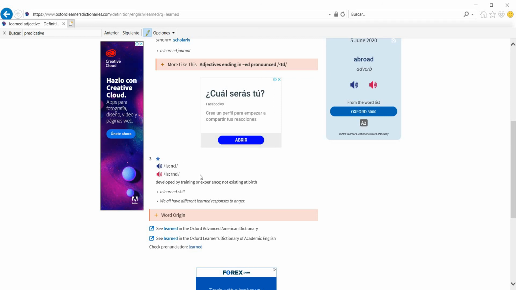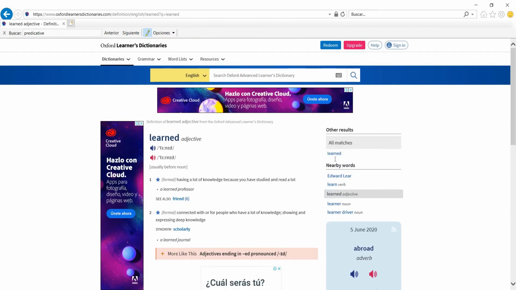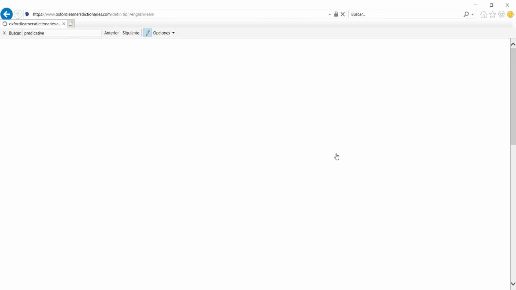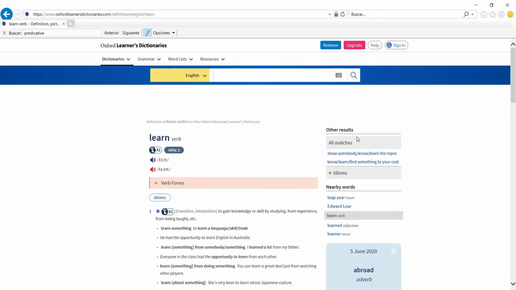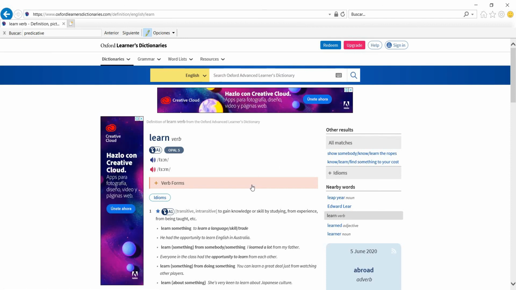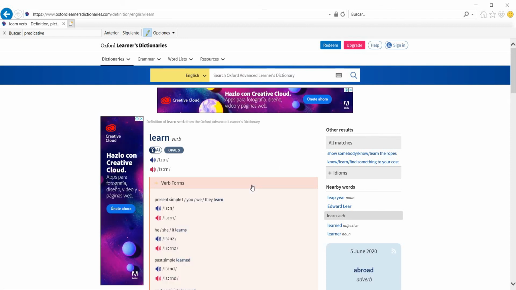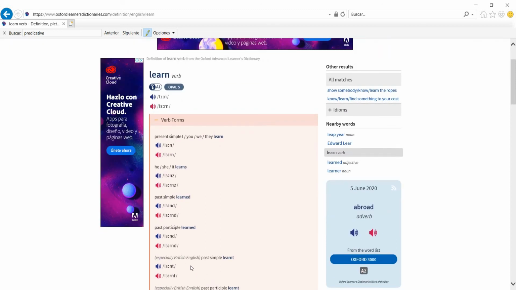Be careful. And also, if we go to the verb learn, in American English, the form is going to be learned. Of course, British English uses learnt, mostly. But if it's with ed, the pronunciation will be learned, right?